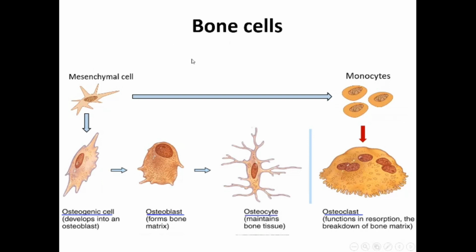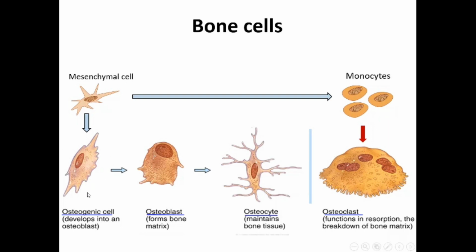Start with the bone cells. Like other connective tissue, bone tissue originates from mesenchymal tissue. The mesenchymal cells differentiate into osteogenic cells. They are precursor progenitor cells in the bone.